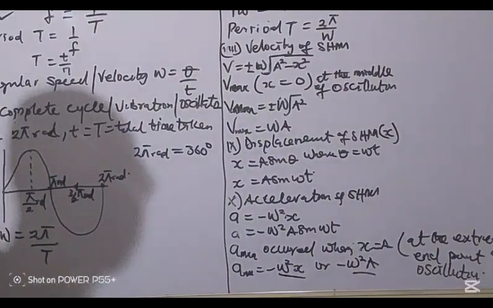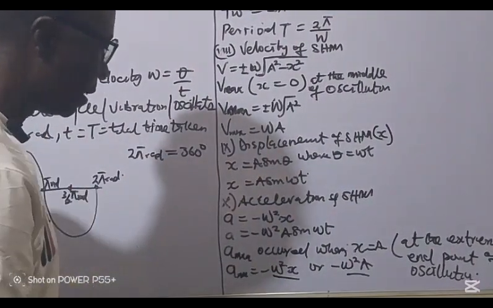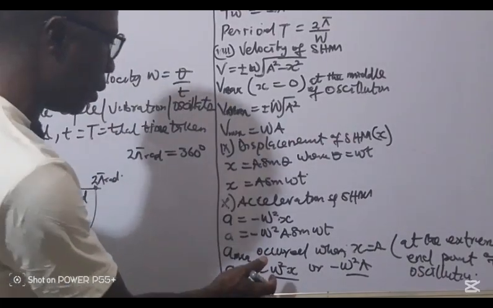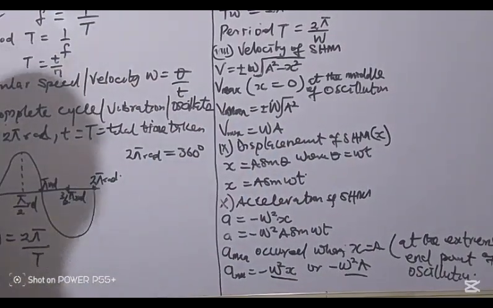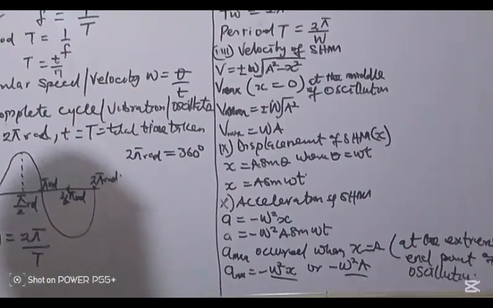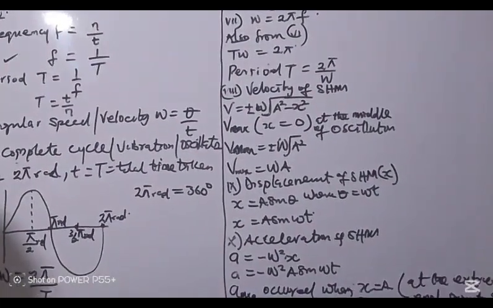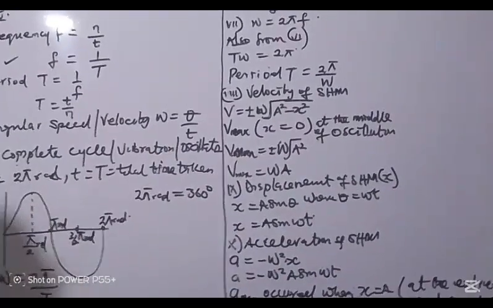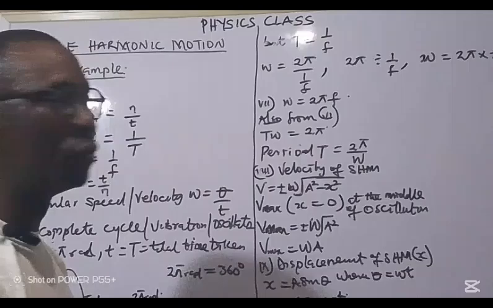And don't forget, the minus here indicates that the acceleration is directed toward the fixed point, or toward the equilibrium position. So we came across all these formulas during our last lesson, which we promised that we are going to apply to solve problems today.